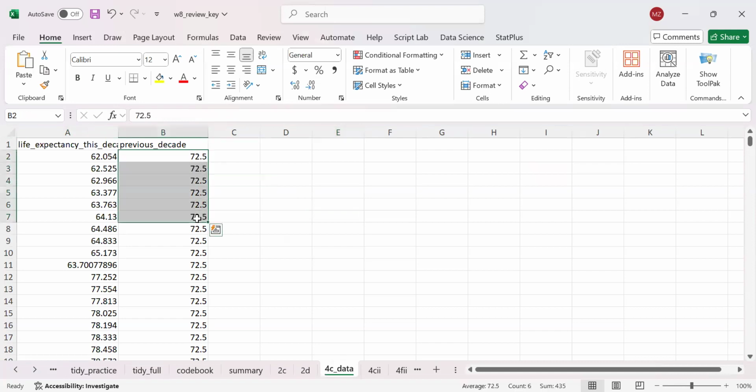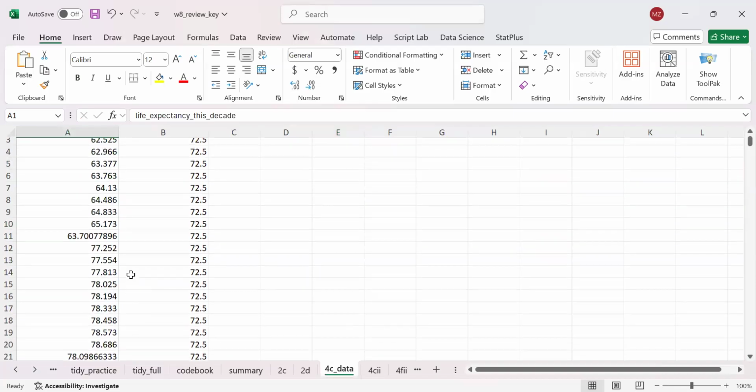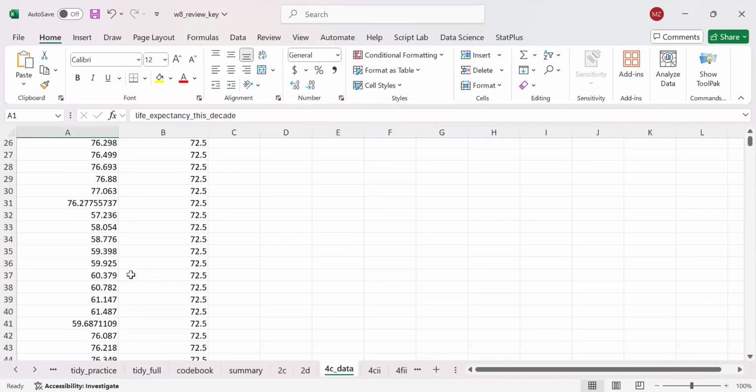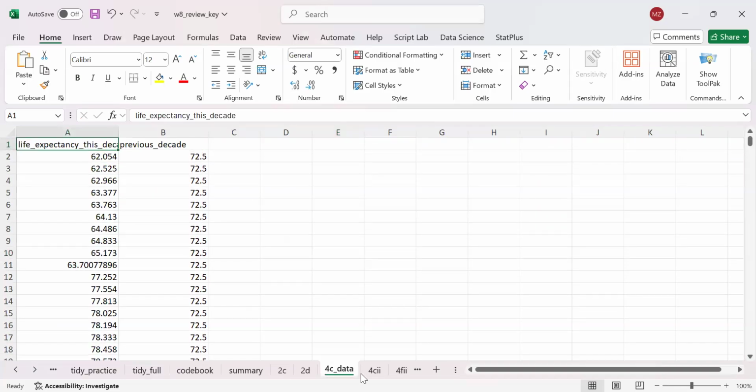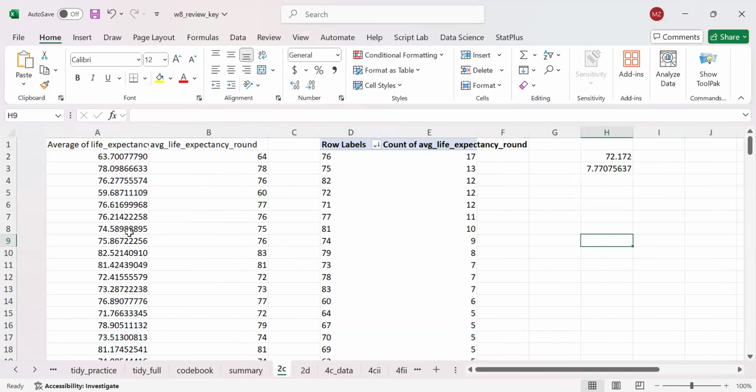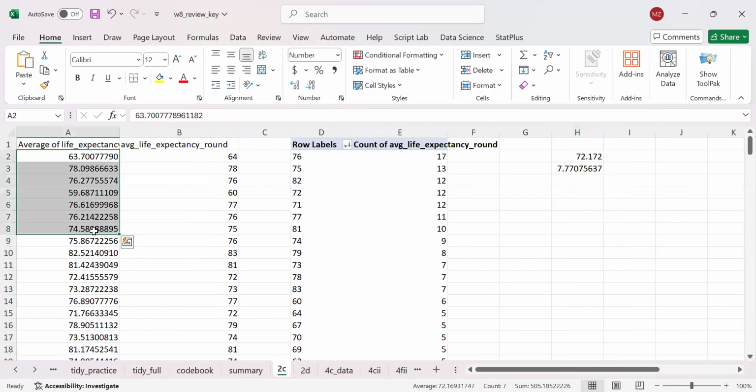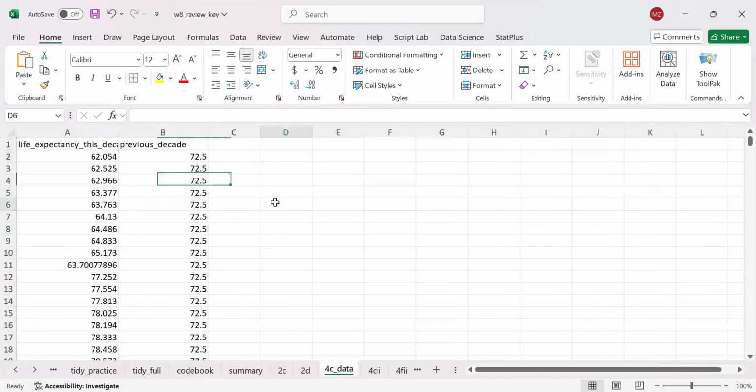So this data is given, and you can copy paste your life expectancy for this decade from when we had this, we copy pasted the values here, so you can use those values, right? So once you have these, you can then do the test.